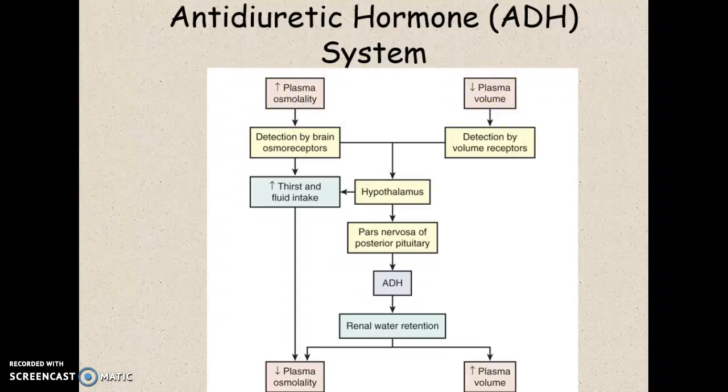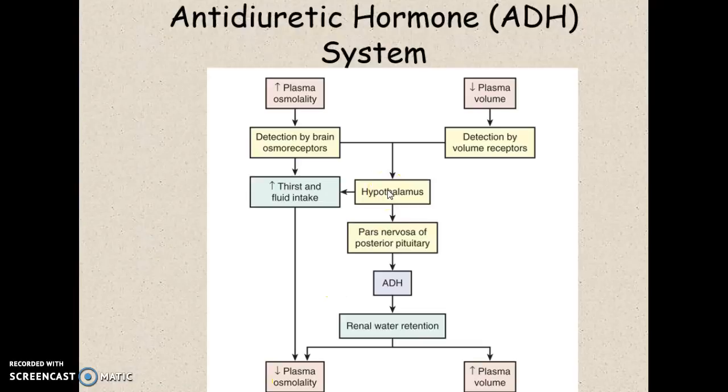You have these two initiating events that signal receptors that act on the hypothalamus. All right, here's the hypothalamus, and that tells your body that you are thirsty, and hopefully you will increase your fluid intake.